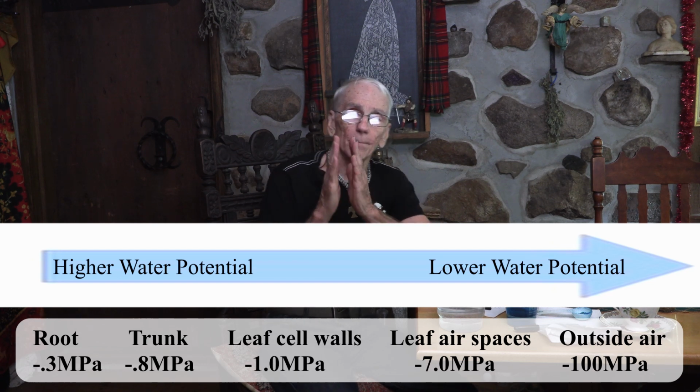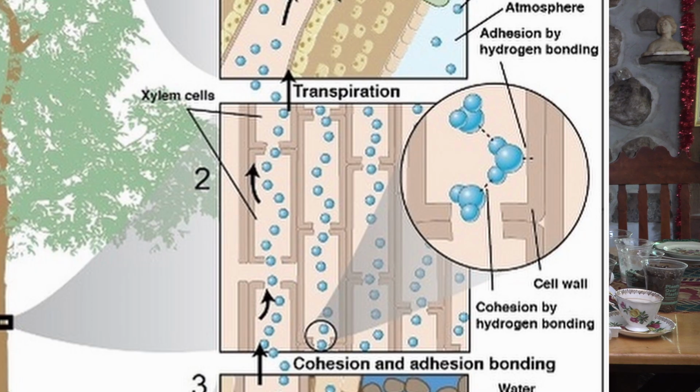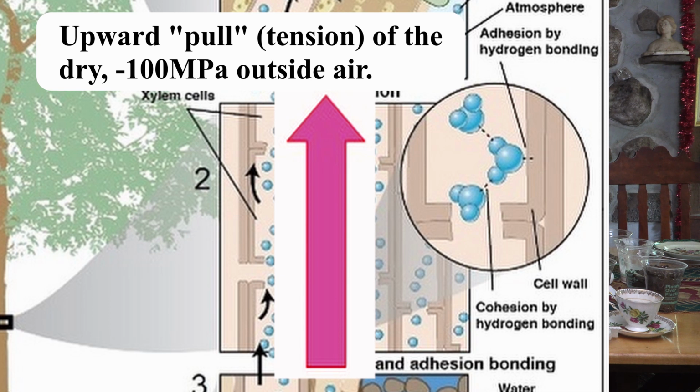And the xylem tubes are so small, and the cohesive action of the water keeping the water molecules together, and the adhesion of the water attaching to the walls of the xylem, and the pull of that -100 dry air outside at the evaporation point of the meniscus, that's what drives the water.